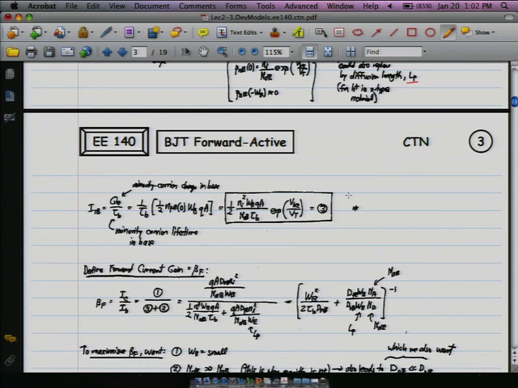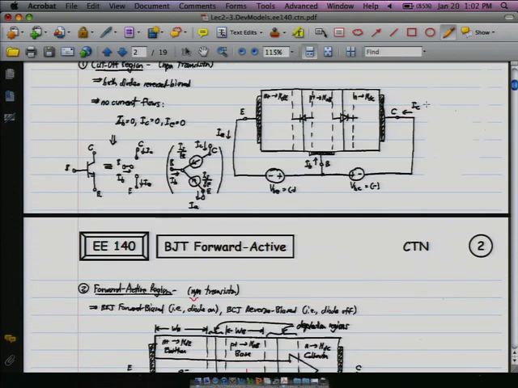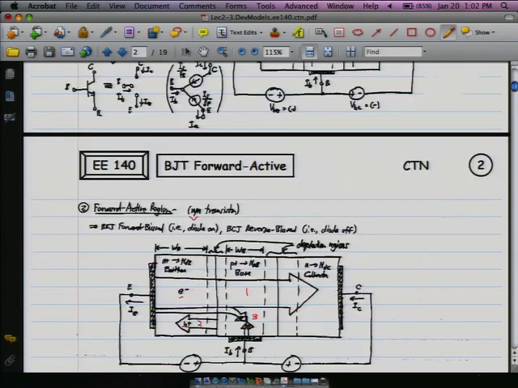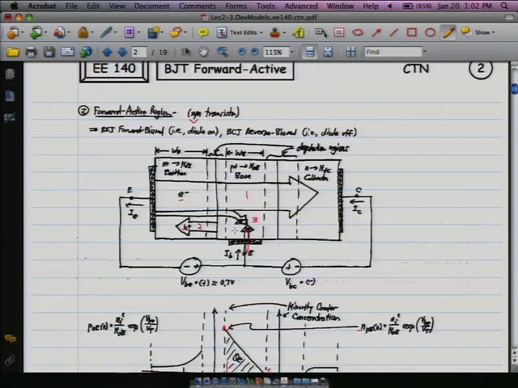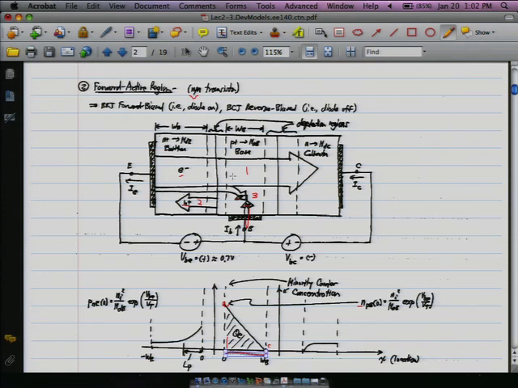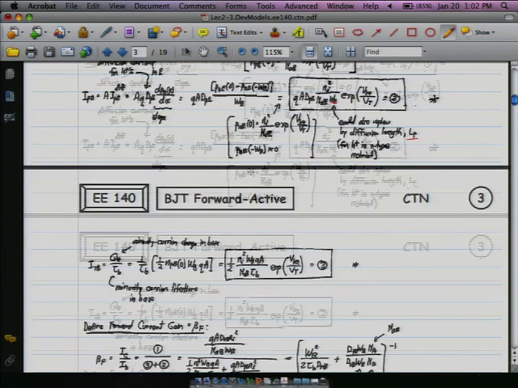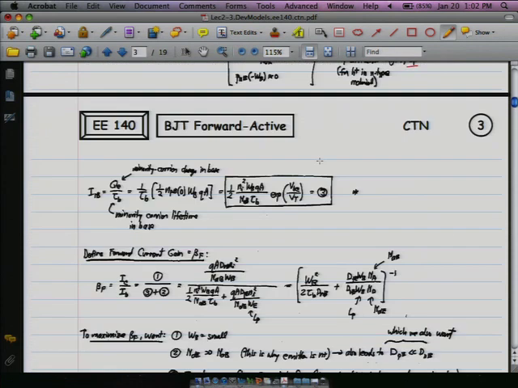As we inject current into the base here, we have to cancel that with electrons coming from the emitter.